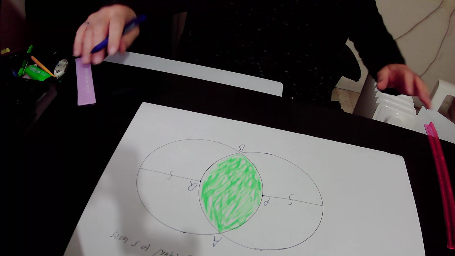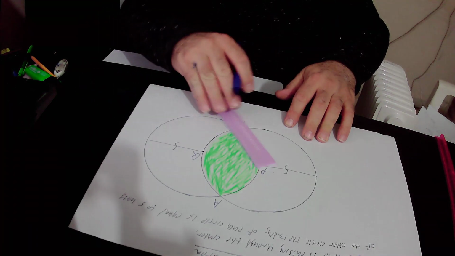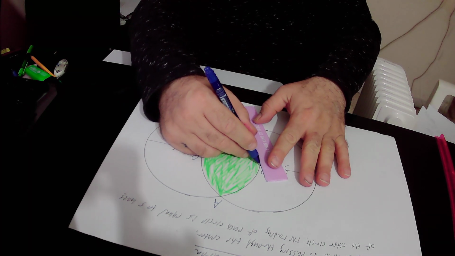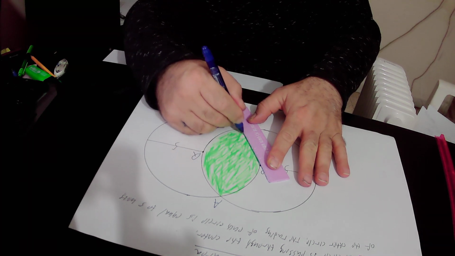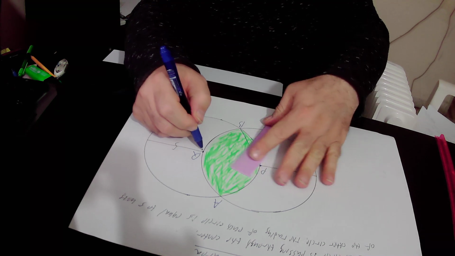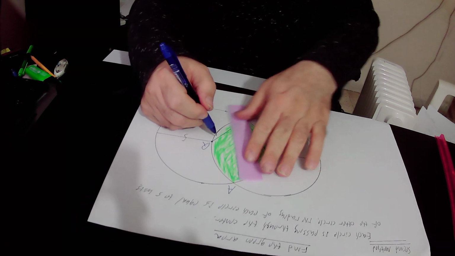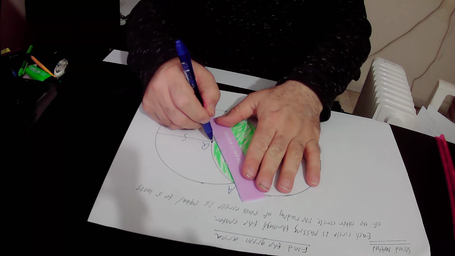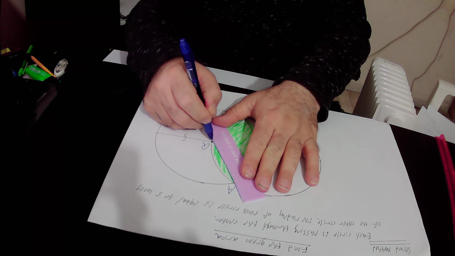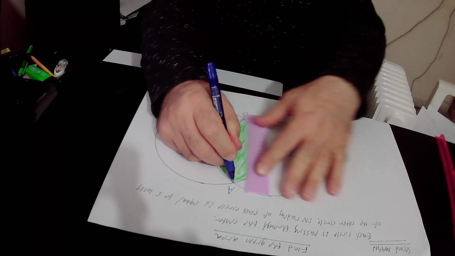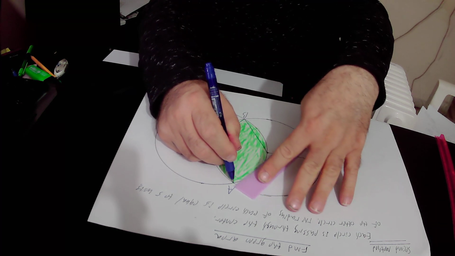We will join together points P and B by a straight line. We join together points Q and B by a straight line. We join together points A and Q by a straight line. And we join together points A and P by a straight line.